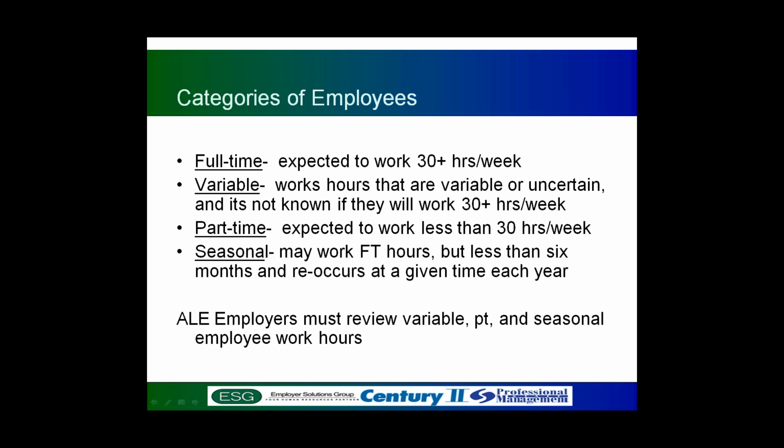A seasonal employee is an individual that we would hire that works less than 6 months. Typically, it would be an individual that would come back and would work the same time period each year, seasonal, like a lifeguard, for example. And those individuals are considered seasonal employees.